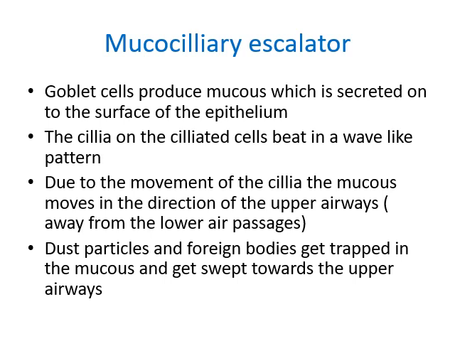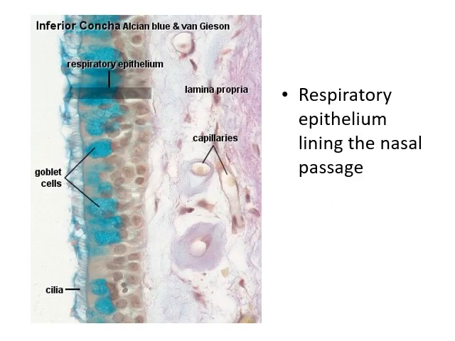So this mucociliary escalator is very important in preventing foreign bodies or dust particles from getting into the lower respiratory tract. Now here you can see the nasal passage with the respiratory epithelium lining it, the goblet cells and the pseudostratified epithelium, and the cilia very clearly visualized here.